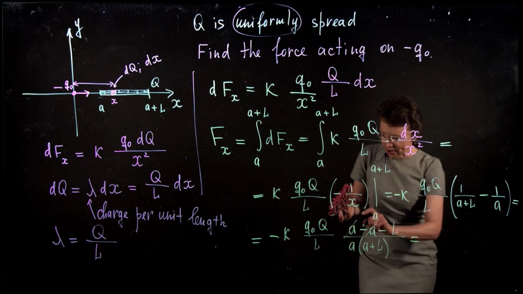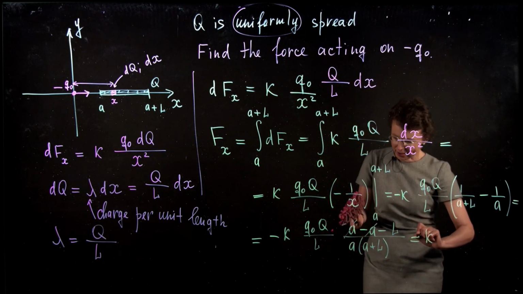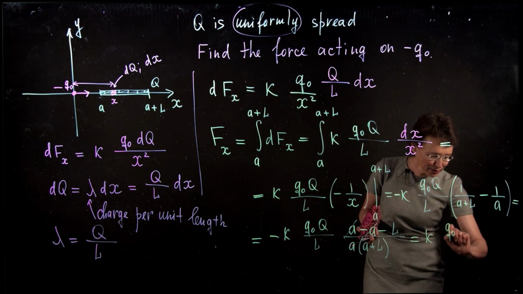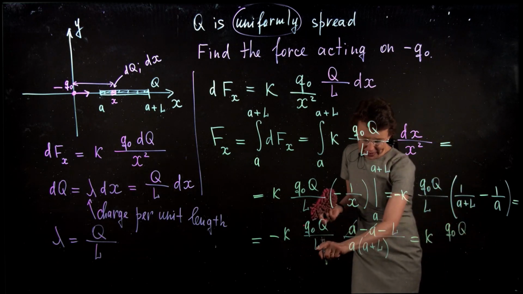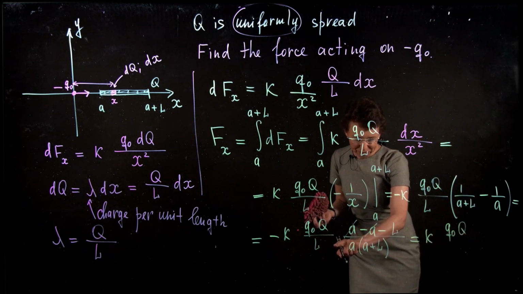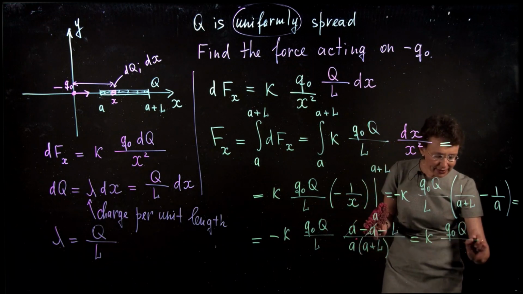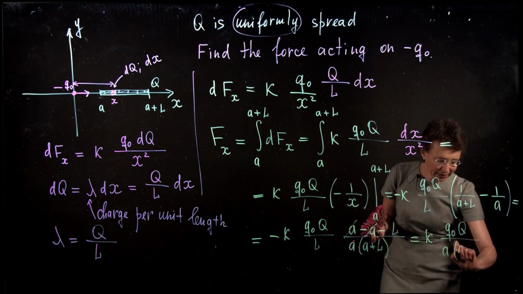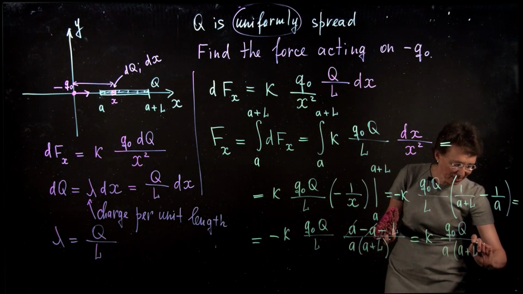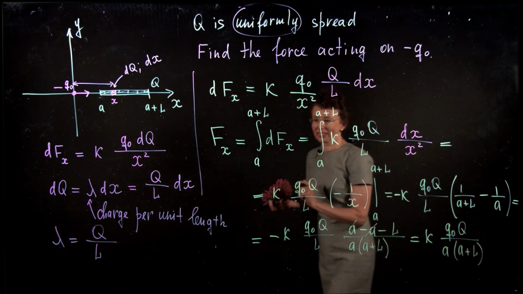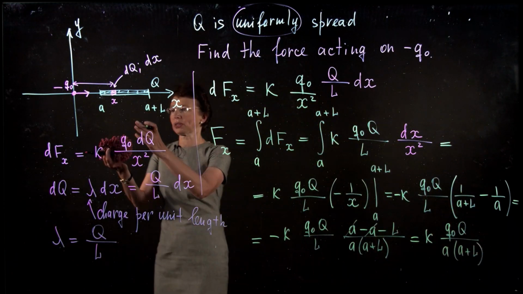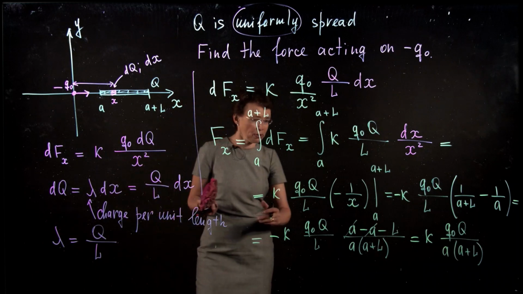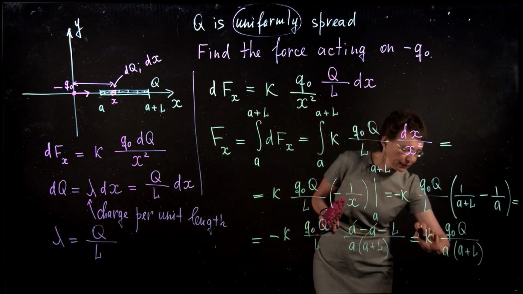So all I have is k, q naught q divided by a times a plus L. So this is x component of force and there is no y component, so this is our final answer.